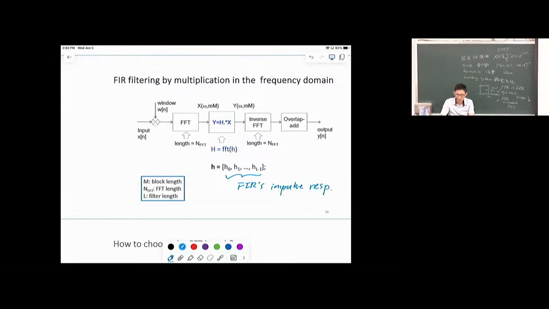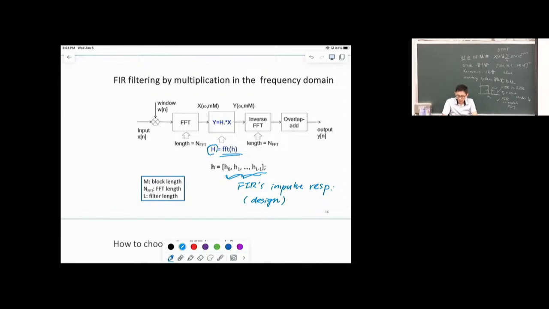So using the MATLAB notation, first, this is the result of your design. You should be proud of this. This is the FIR low pass filter impulse response. Take the entire thing, which is finite length, perform FFT of that impulse response, and save it to a vector h, which is the transfer function, the frequency response, saved in a vector.